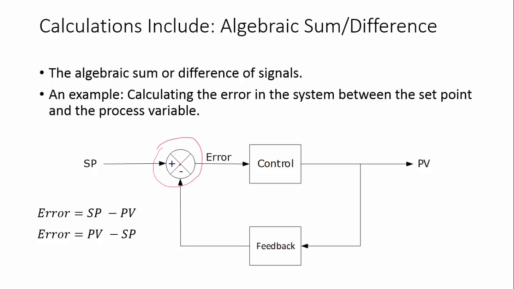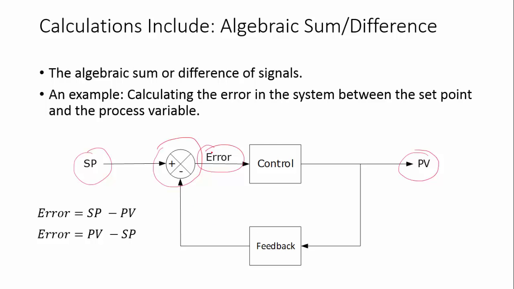And a summing junction is nothing more than an algebraic sum or difference. Here we're going to be taking a set point and we're going to be comparing it to feedback from a process variable and creating an error signal.